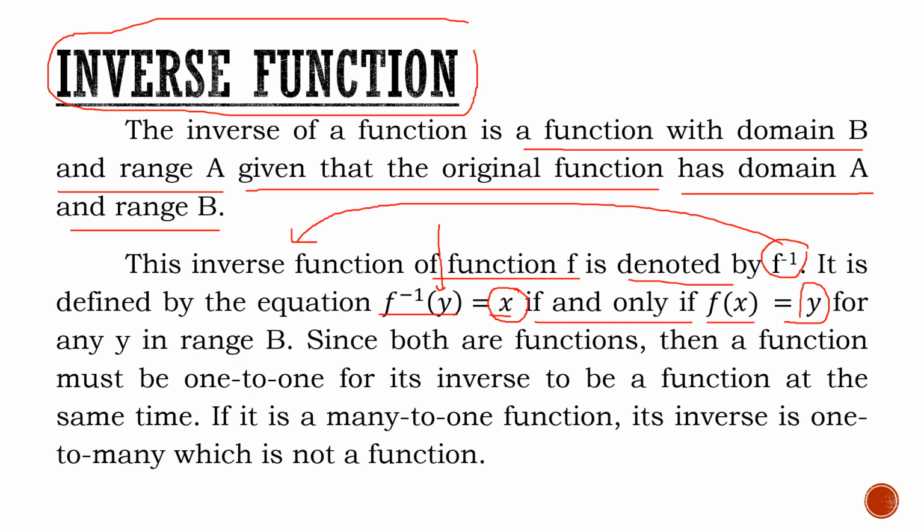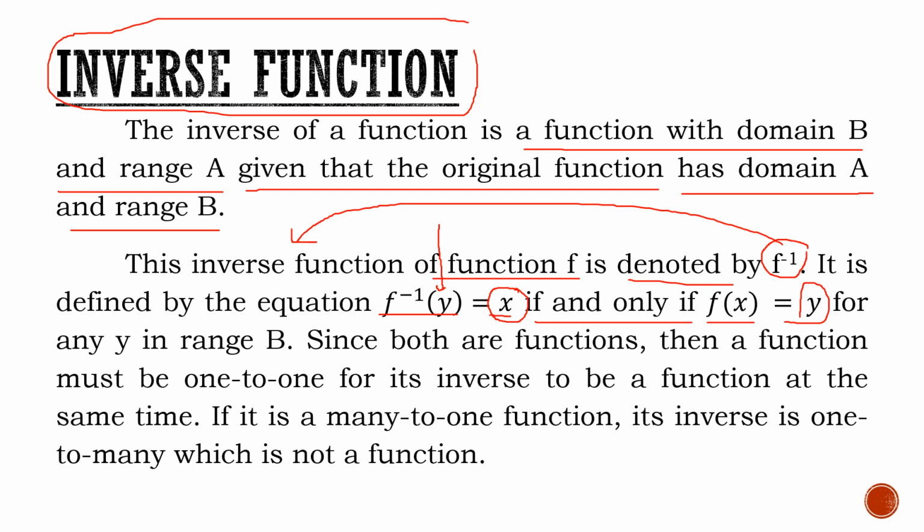We can take the inverse of a function by simply checking if your f of x is equal to y. Because if f of x is not equal to y, then we cannot move forward in looking for the inverse of this function. That's why only one-to-one function has an inverse function.